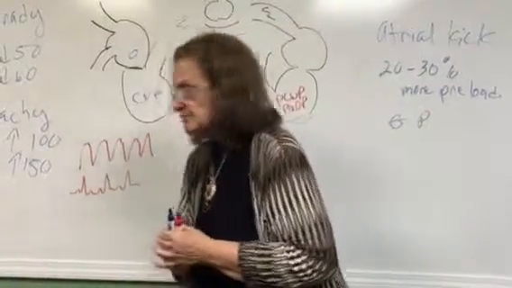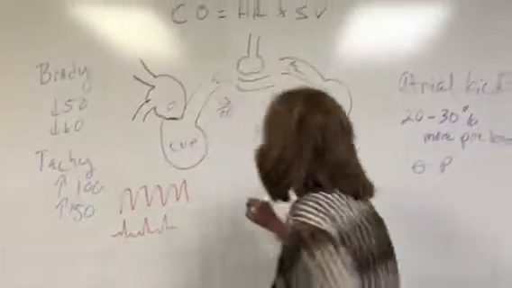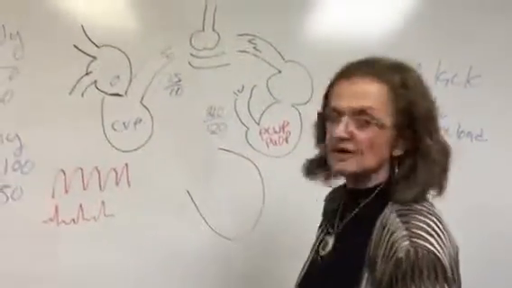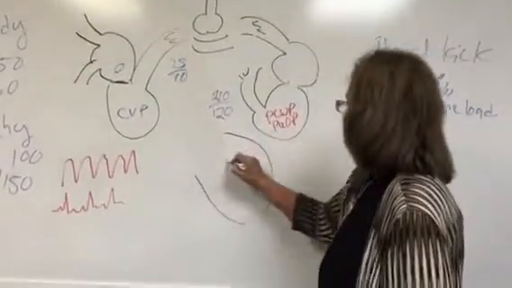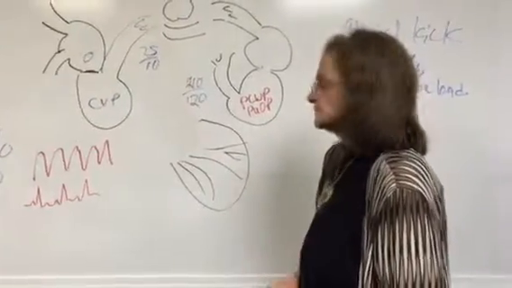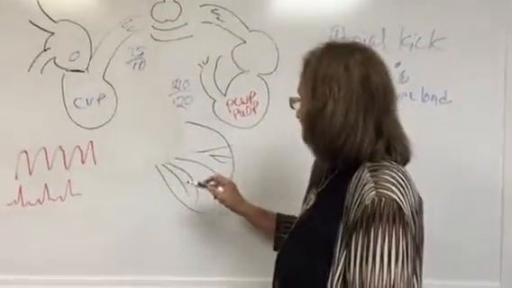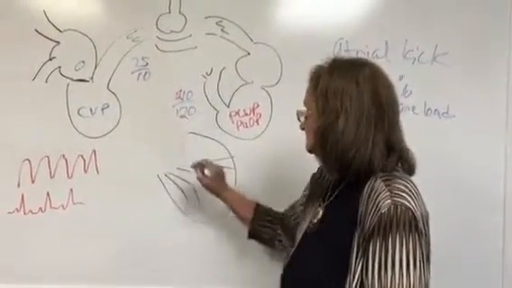The secondary hemodynamic consequence that occurs with tachycardias is this: this is the outside of the heart muscle. We have two coronary arteries. We have the left, which branches to the left anterior descending and circumflex, and we have the right.